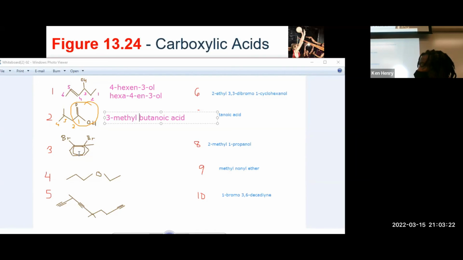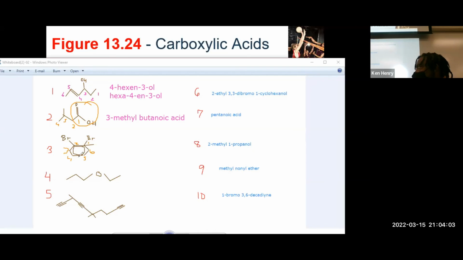Okay, number 4. We know that this is a benzene ring, right? Do we want to start counting here or here? We want to start where there are 2 things, because we get a twofer. So let's start counting here: 1, 2, 3, 4, 5, 6.